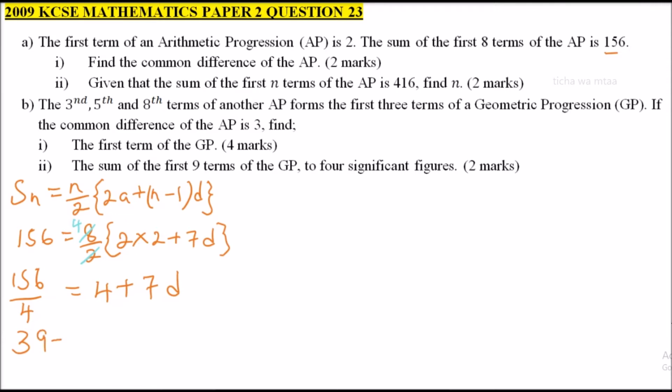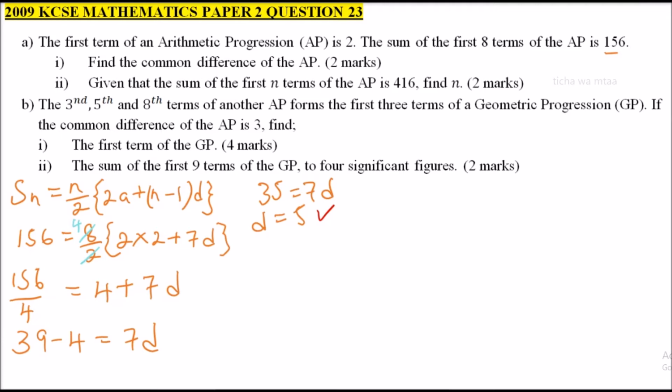We minus 4 is equal to 7d. When you minus 4, this will be 35. So 35 is equal to 7d. Divide both sides by 7, you get d is equal to 5. So that is the common difference of the arithmetic progression.